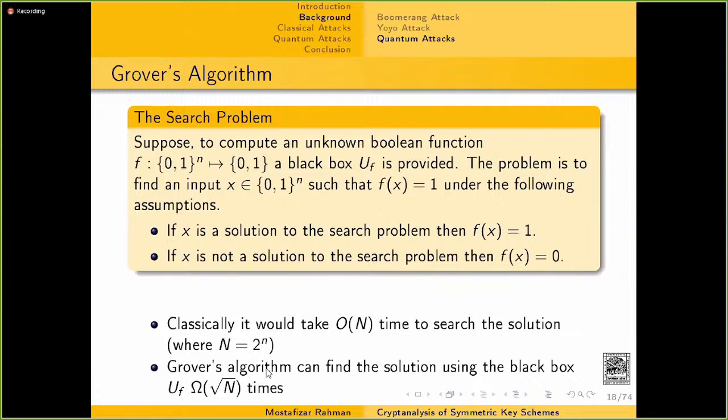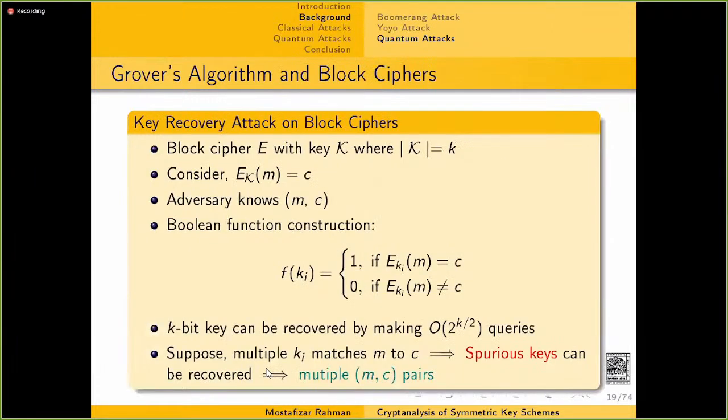Using Grover's algorithm, key recovery attacks on block ciphers can be done in a much faster way. When we are talking about key recovery attacks, we are talking about doing an exhaustive search.